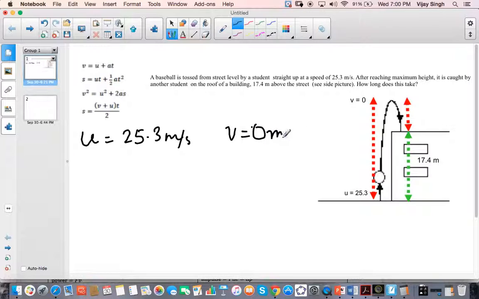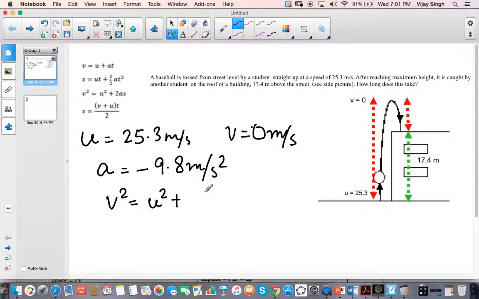The acceleration is negative 9.8. Why it is negative, we discussed in class. The ball is going up and gravity is acting downwards, so it has to be taken as negative. So we use the formula v squared equals u squared plus twice as.